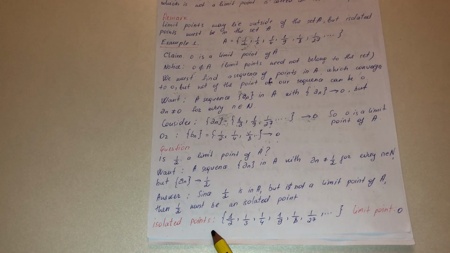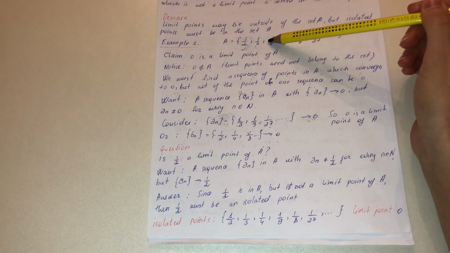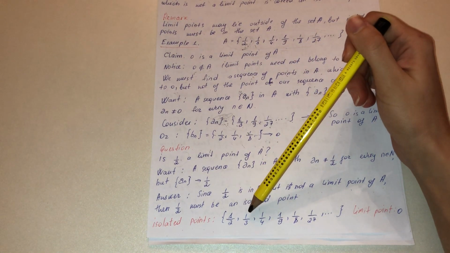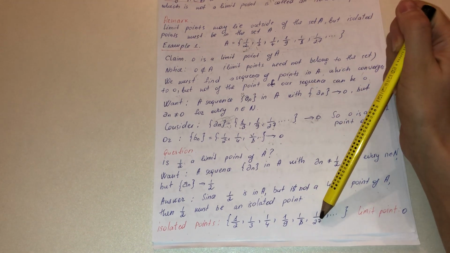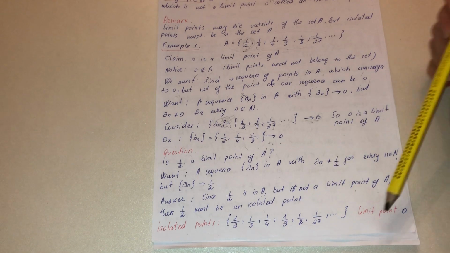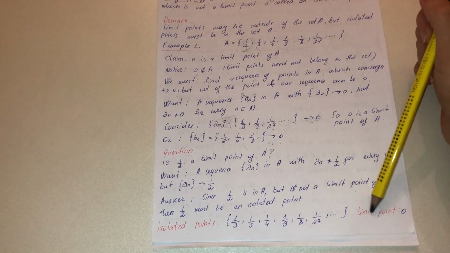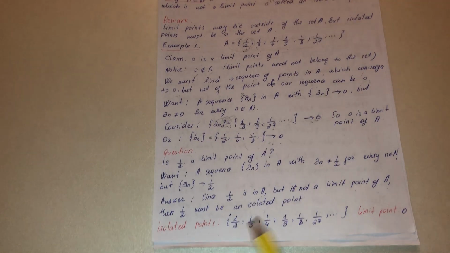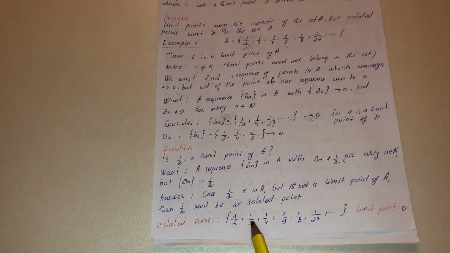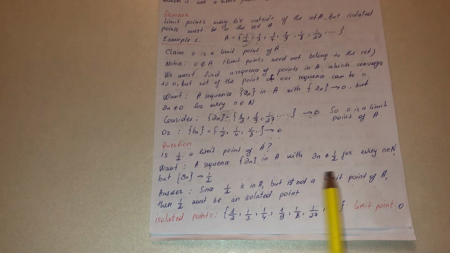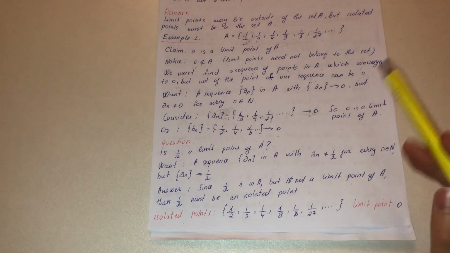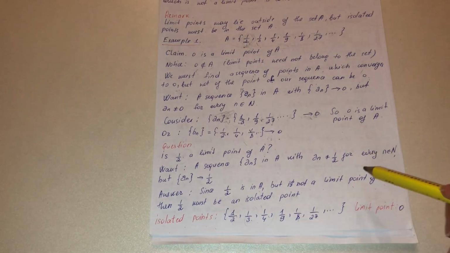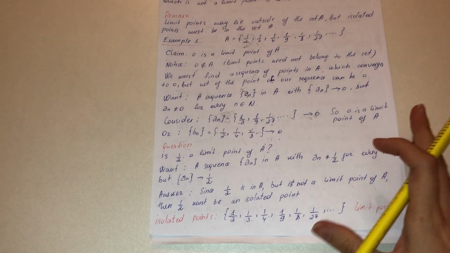All the isolated points of this set are 1/2, 1/3, 1/4, 1/9, 1/8, 1/27. But here the limit point is only 0. None of the elements of this set are limit points, they cannot be. They are just isolated points.